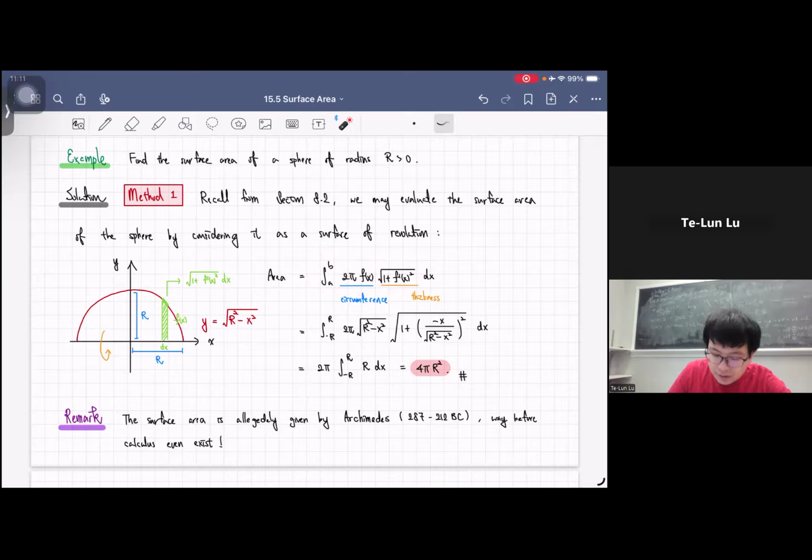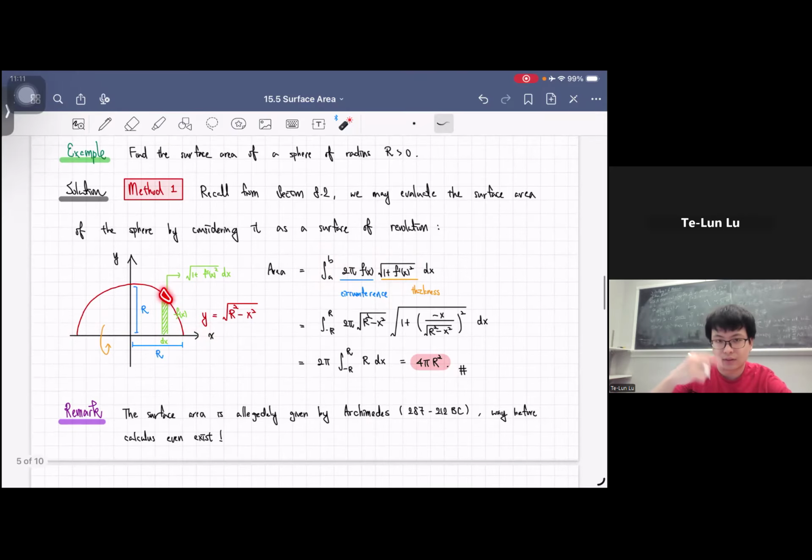And this is simply because when you're trying to evaluate the surface area, you can regard this small piece rotating around, in this case, the x-axis, right? And so the only thing you have to compute is the width of this band and also the circumference of the band. We know circumference is 2 pi times the radius, in this case, f of x.